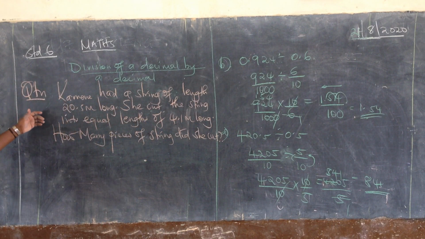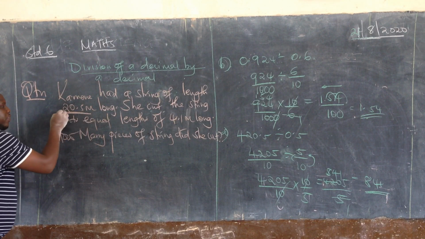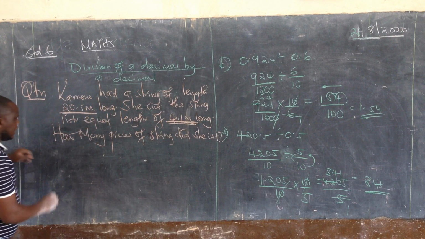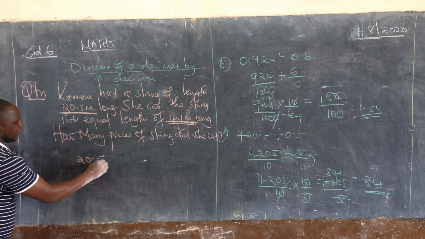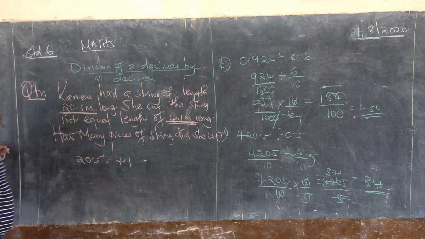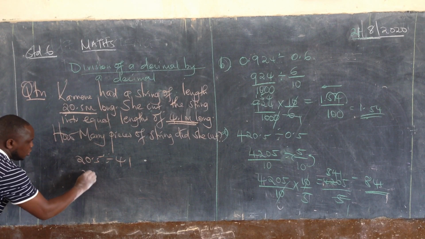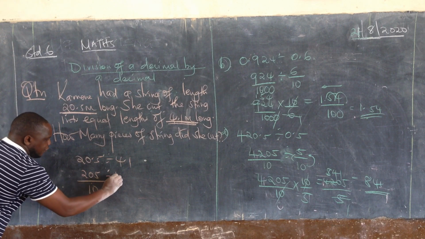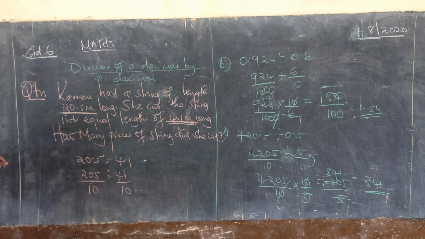So Kamene had a string of length 20.5 meters long. She cut the string into equal lengths of 4.1 meters long. How many pieces of string did she cut? So the quantity to be divided is 20.5, to be divided into equal parts of 4.1. So you get 20.5 divided by 4.1. In that case, you'll have 205 over 10 divided by 41 over 10.